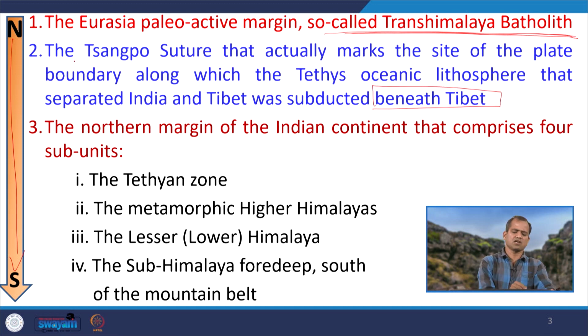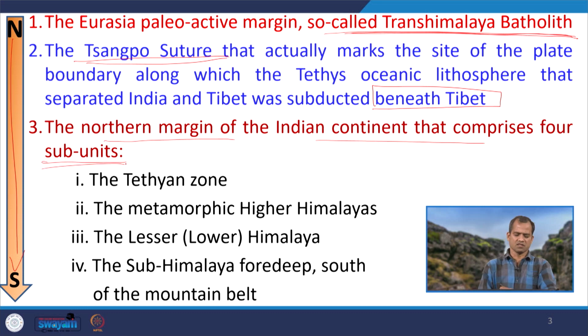So, this Tsangpo suture zone, that is the welding point, it separates two separate plates. And the northern margin of this Indian continent comprises 4 subunits, particularly the Tethyan Himalayan sequence, which is a relatively undisturbed sequence.